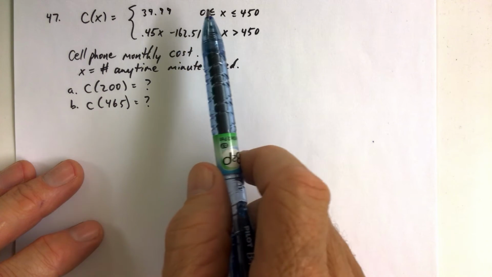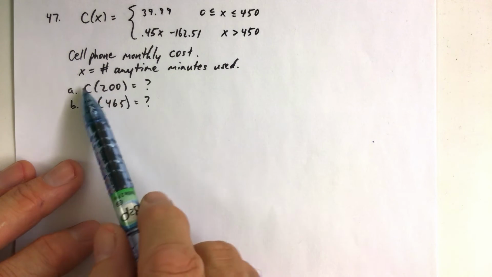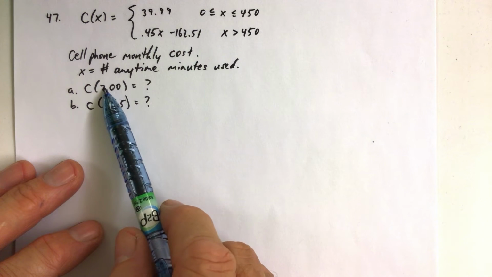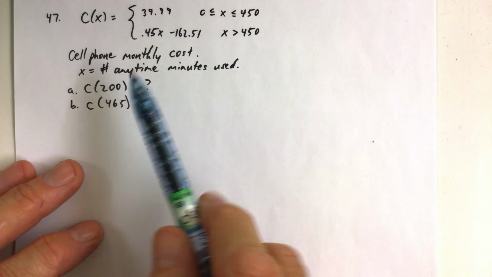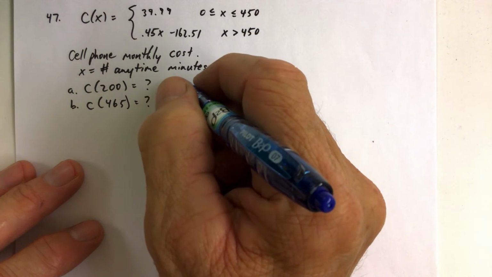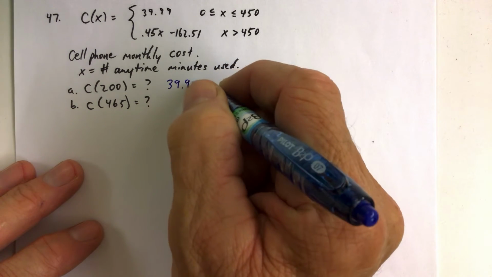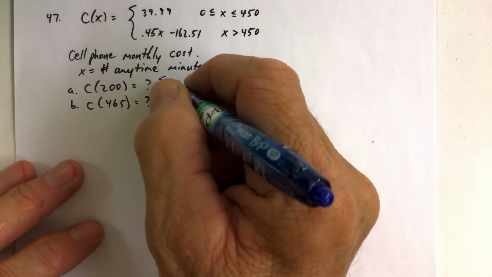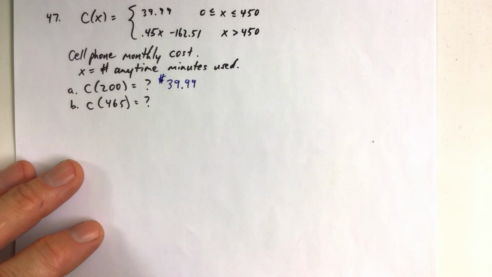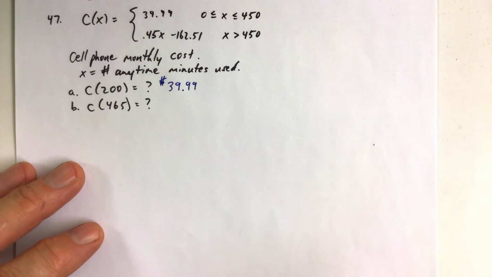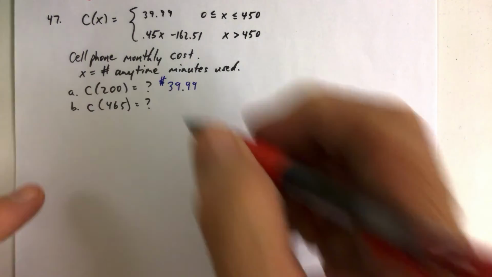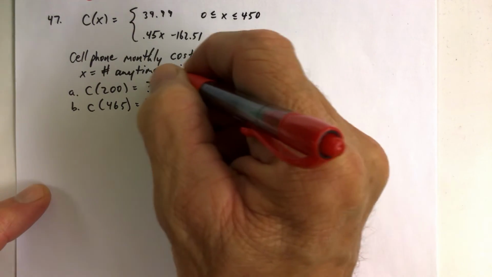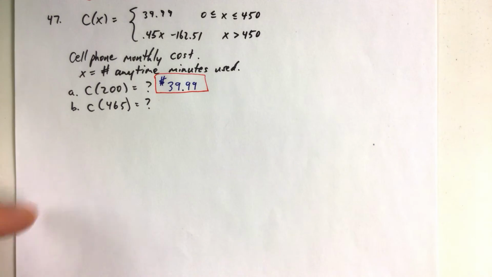So the cost of 200, if you use 200 anytime minutes, would be $39.99. I wonder if some of you were wondering if I was going to put that dollar sign. When we have a word problem, we always want to make sure we're answering our questions in context.